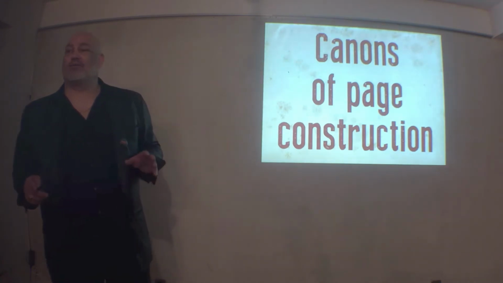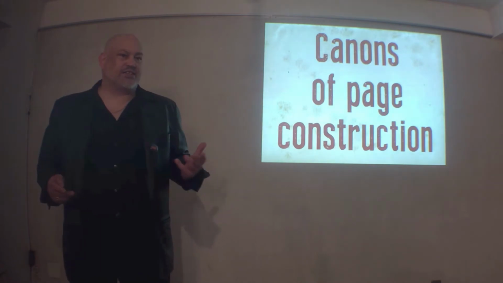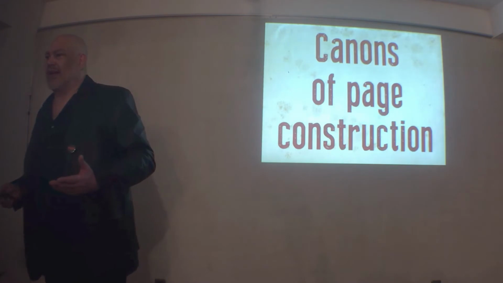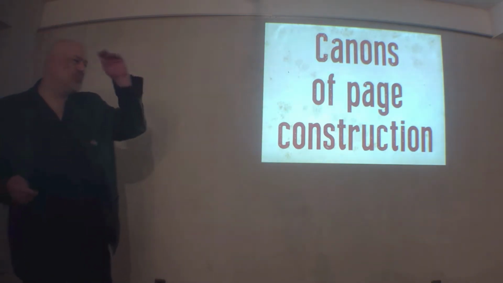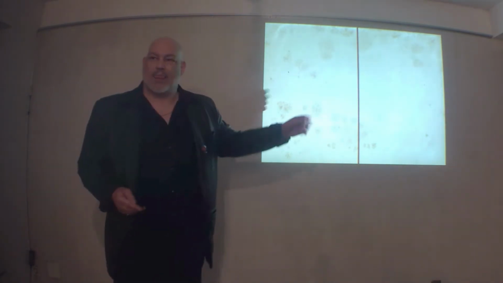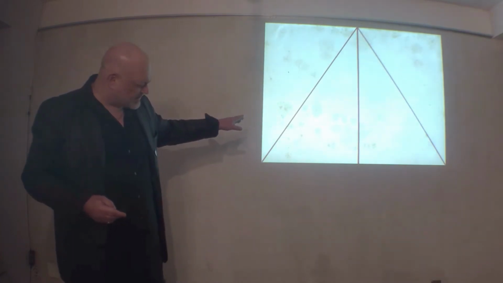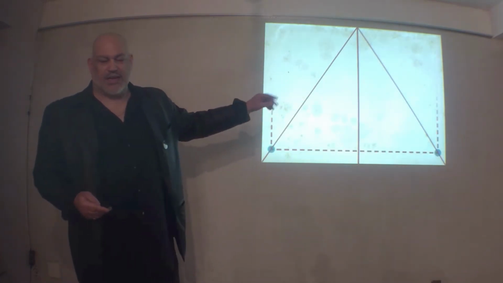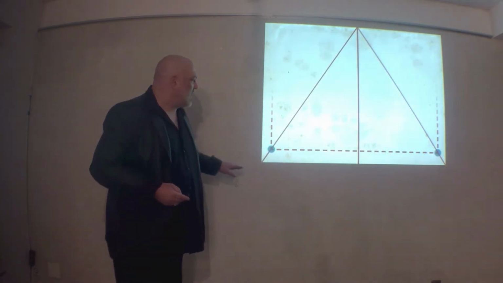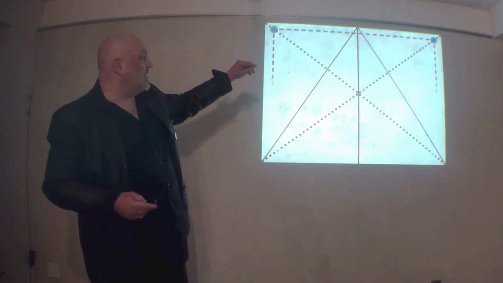Another kind of grid is the canons of page construction, which in German is called the Satzspiegel. It's a very old thing, from the 18th century or even earlier. You make it by dividing your page, drawing diagonal crosses, and then you get two points down there. Drawing diagonally on the other side, you get another two points up there.